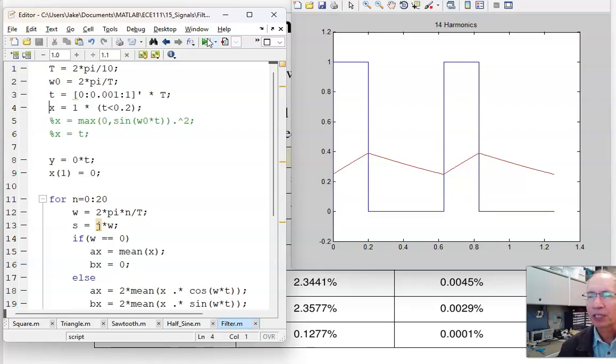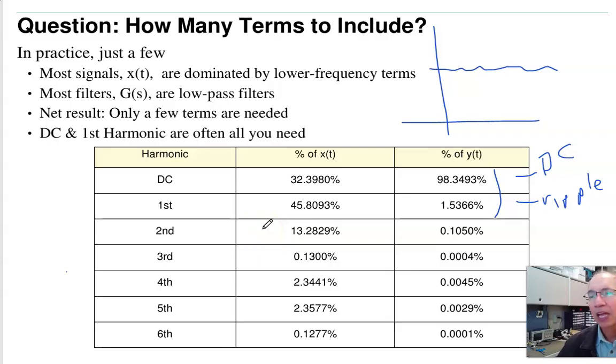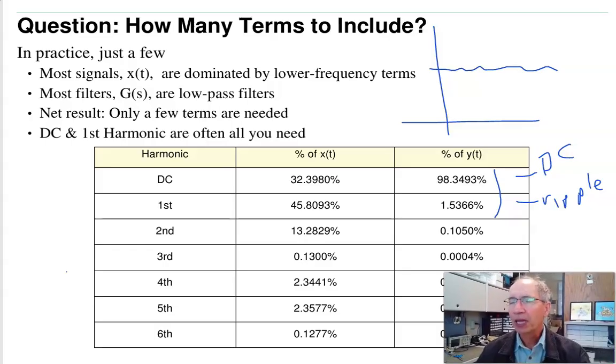Include a couple more harmonics, I can see that's actually more of a triangle wave. If you care. Oftentimes you don't care. I just want to know what's the ripple, what's the DC value. And that's the saving grace. In theory, you got to go out to infinity. Infinity is a tough number to work with. In practice, if you just include a couple of harmonics, sometimes go out to the 5th harmonic, oftentimes just the first 2. That's good enough.